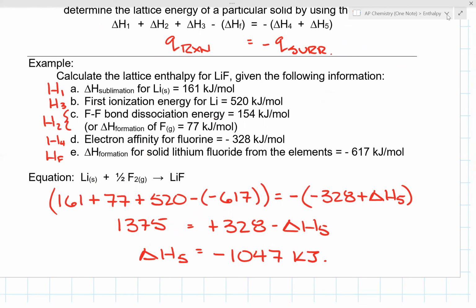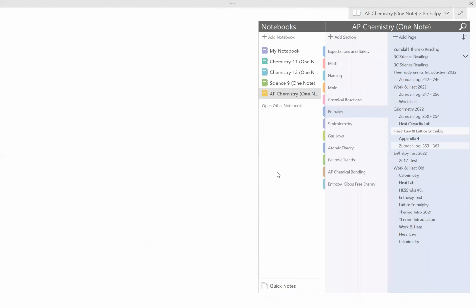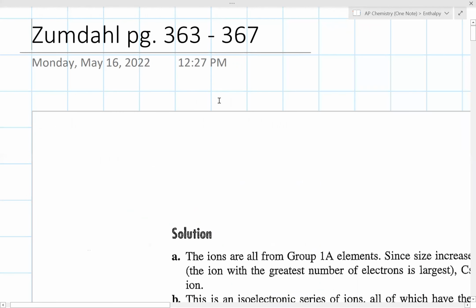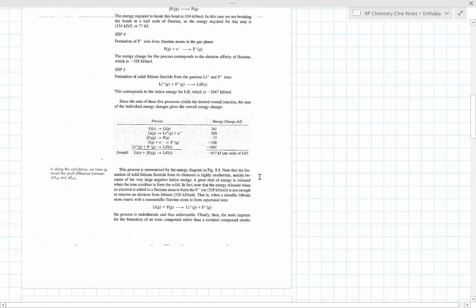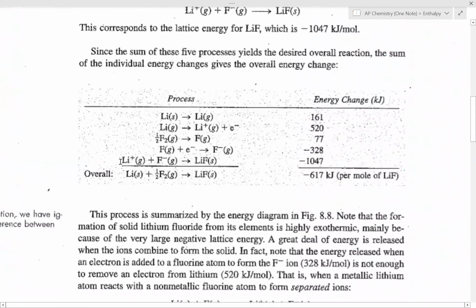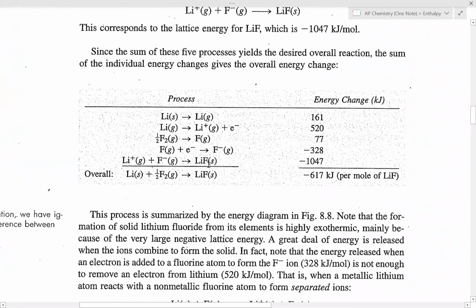Now, if you take a look on page 366, 367, I believe, they actually do the exact same example. Okay. Now, oh, yeah, there you go. My lattice enthalpy is negative 1047 right here.